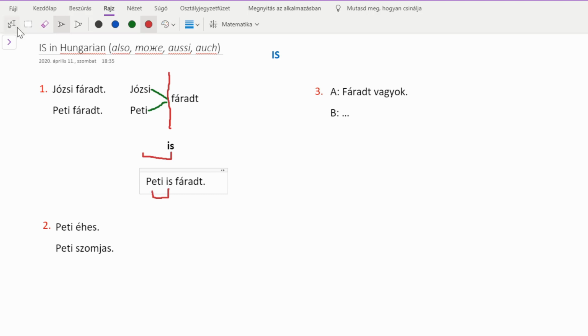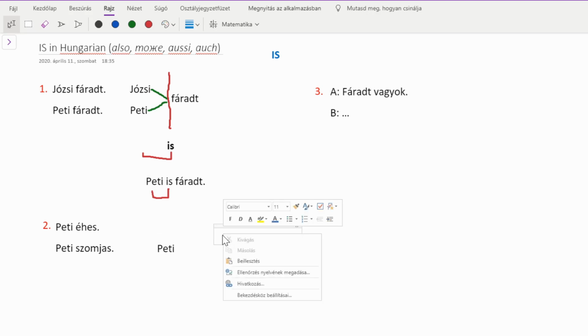So again, we can divide the person and the conditions into two. Condition 1 is éhes. It means hungry, poor guy, he's hungry.